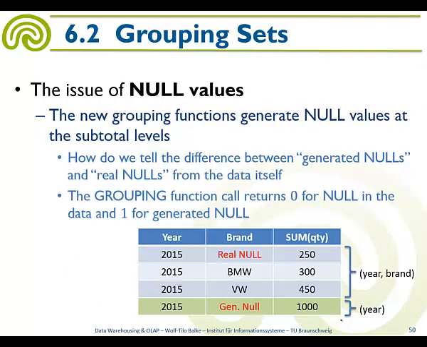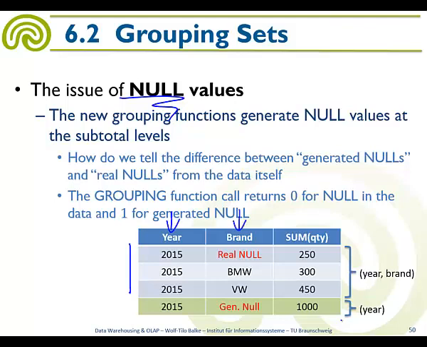Okay. The issue with the null values is that you now have two kinds of null values, right? You might have null values in the data, so you don't know a value. But for the aggregates, you create new null values. So, for example, I have an aggregation from the real data, the quantity of cars sold of different brands per year, right?